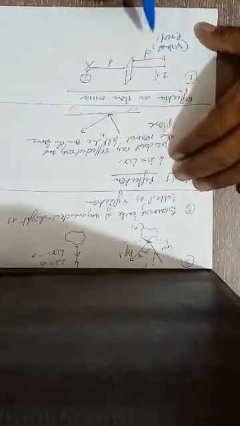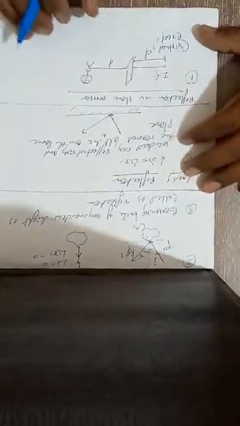Suppose you are standing in front of a mirror and seeing your image inside the mirror, and if you take a screen in front of the mirror and try to obtain that image on the screen, you will not be able to observe it on the screen. So that is a virtual image, right?